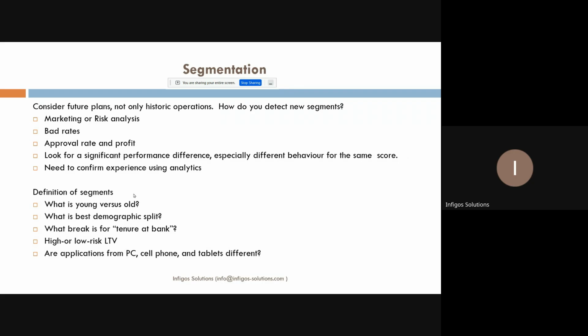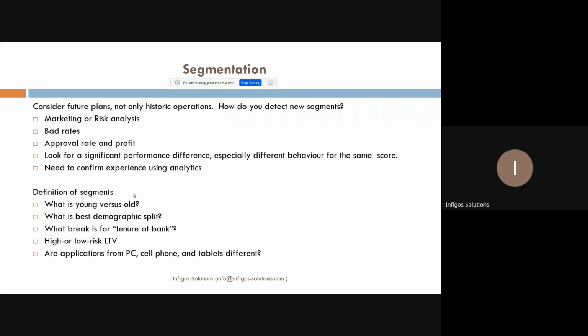Because at the end of the day, you want to make a segment only to improve the performance of the scorecard, and you consider bad rate one of the parameters. How is the bad rate between different segments? And you want to improve the approval rate, you want to improve the profit. Examples of segments: young versus old, demographic split, tenor and bank.